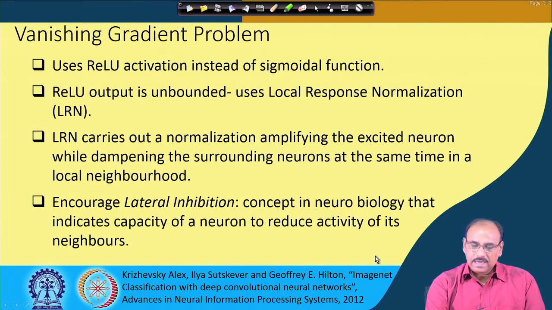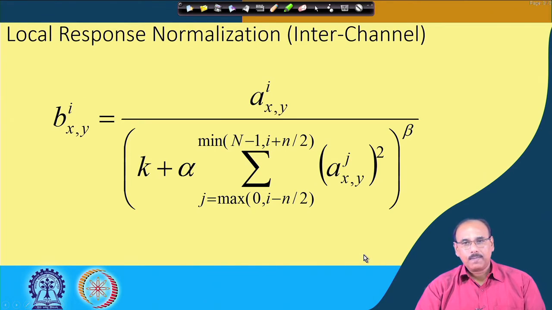That is how it avoids the unbounded problem, and at the same time it avoids the vanishing gradient problem. This local response normalization can be done across the channels. Also, it can be done within a channel. When you do it across the channels, this is known as inter-channel normalization.